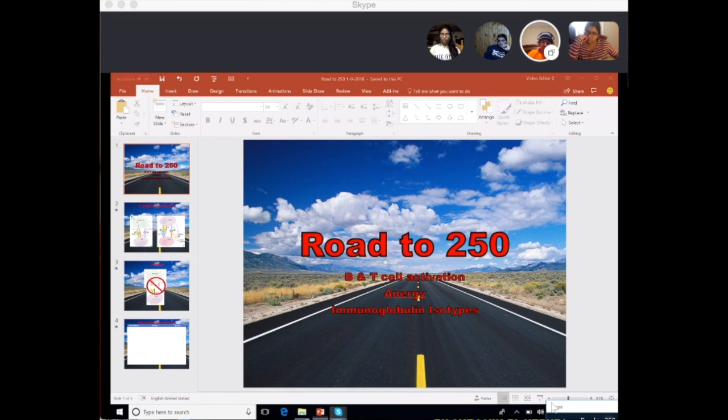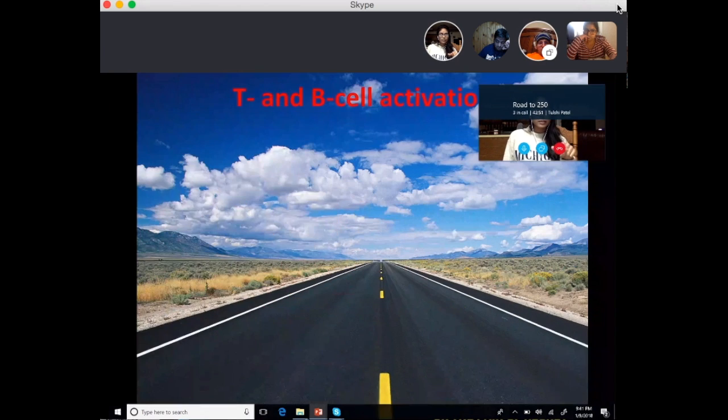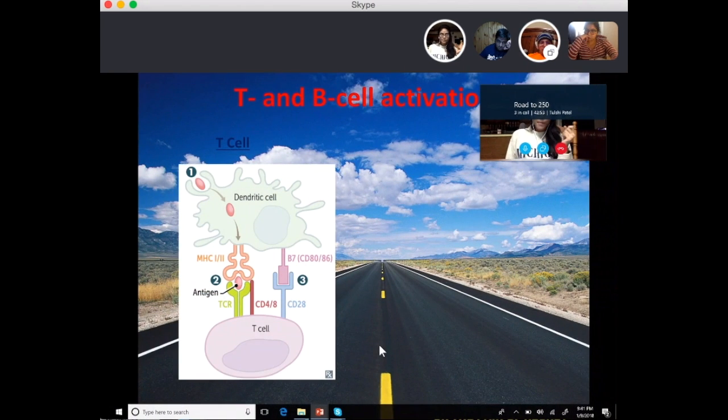So, let me share my screen again real fast. You talked about... So, right here, when it says the cytokine is released, whatever cytokines are released are going to determine what this T cell needs, or what its role needs to be.